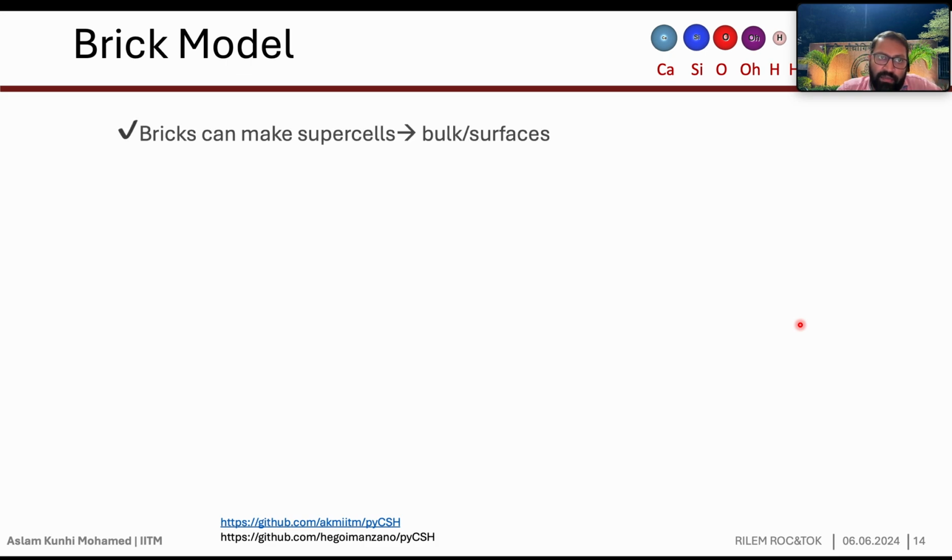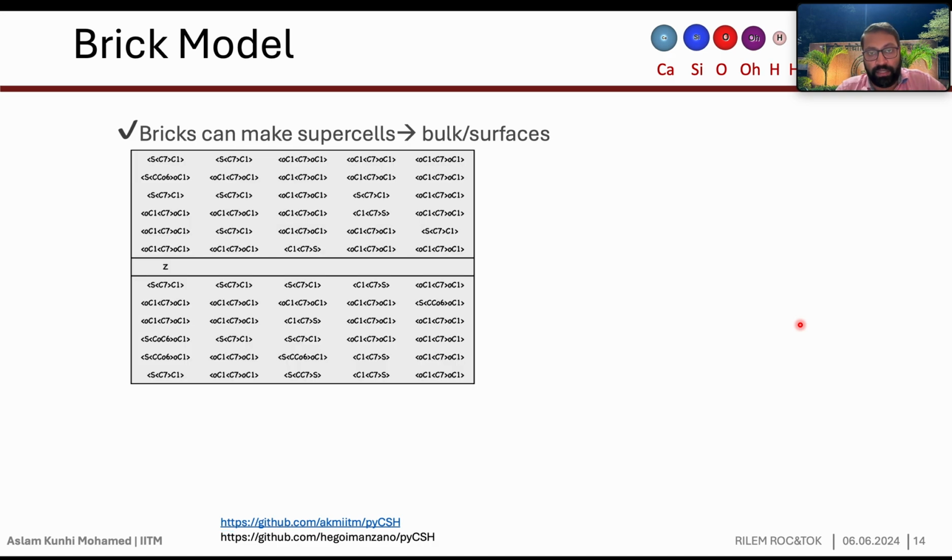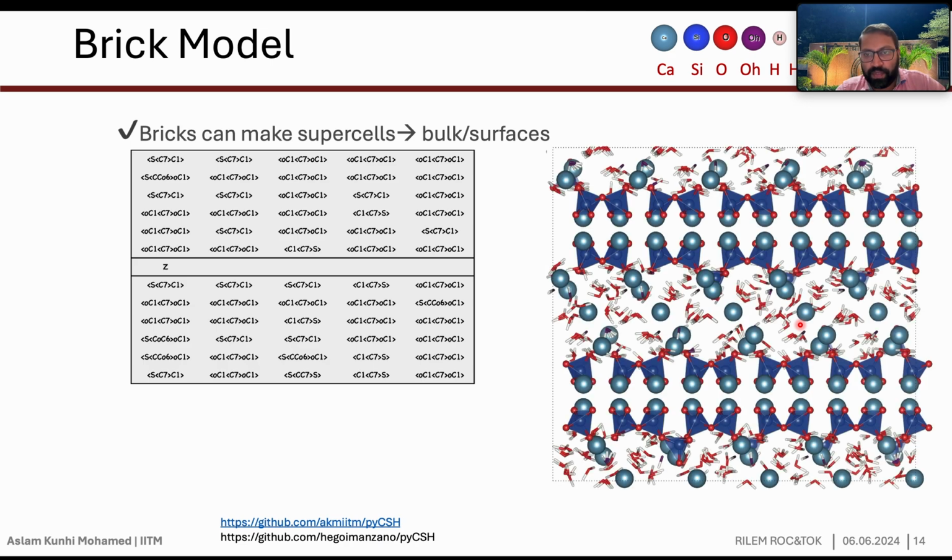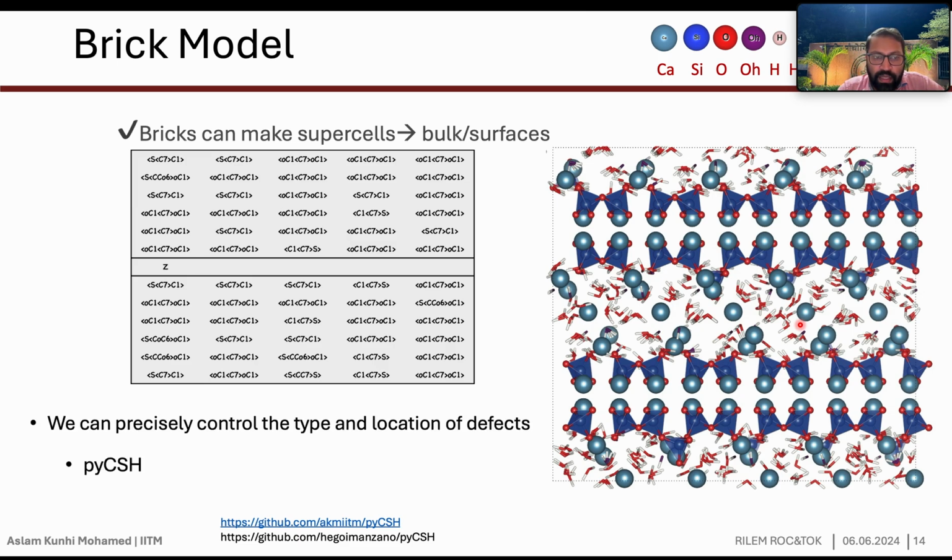These bricks can then be stacked together in XYZ directions, and essentially we can make supercells, bulk, and also surfaces, which means we can create a three-dimensional structure where we exactly know where the different types of defects are. We were quite successful, and recently we also published a paper, which is just in review or just accepted, where we have a Python code to easily generate many structures within a fraction of a second.